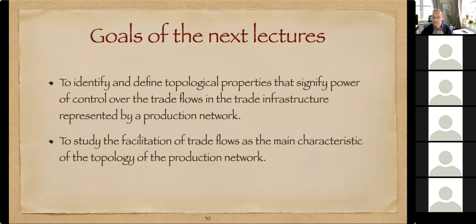And in particular, when we look at our contemporary platform economy, these platforms will show up as very specific entities in these production networks. And it becomes obvious from just looking at the topology of the network how these entities control.